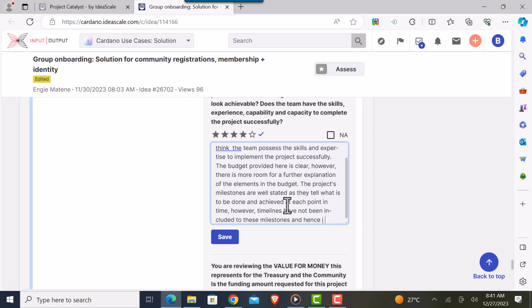And hence, I advise for these inclusions in future proposals.